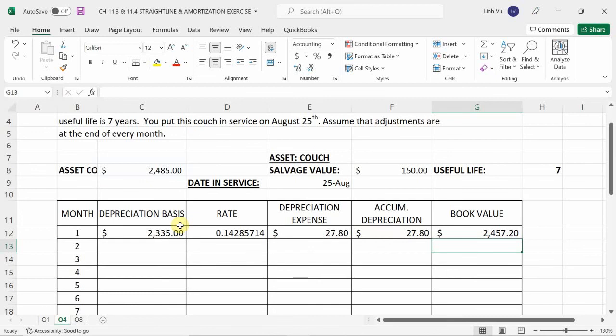You're using the wrong number too. You said it's 2,485. Oh, I got the same number as yours.